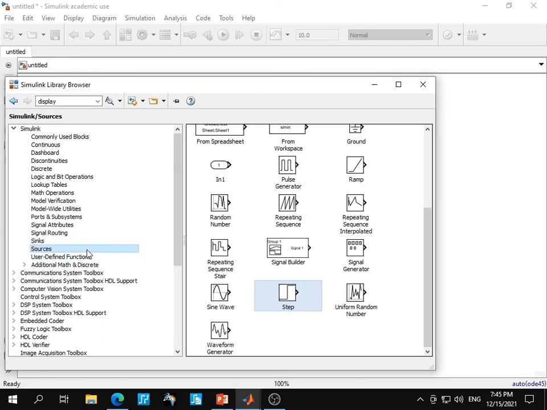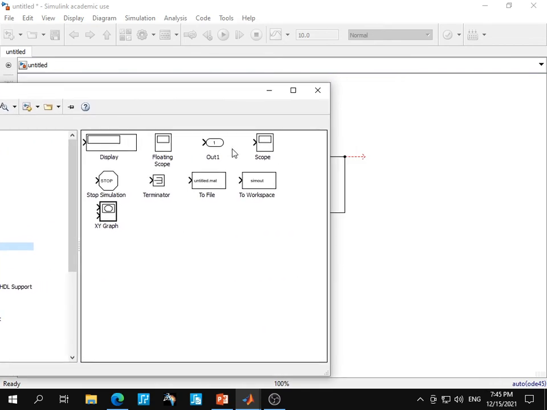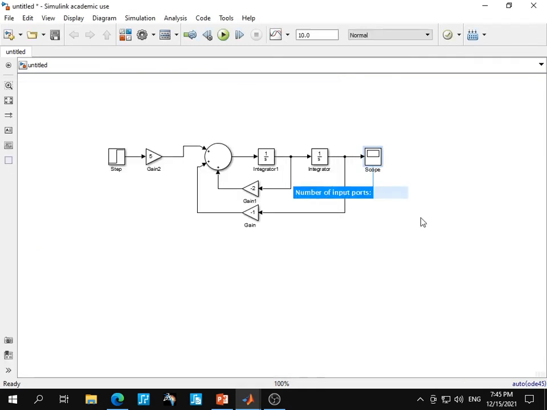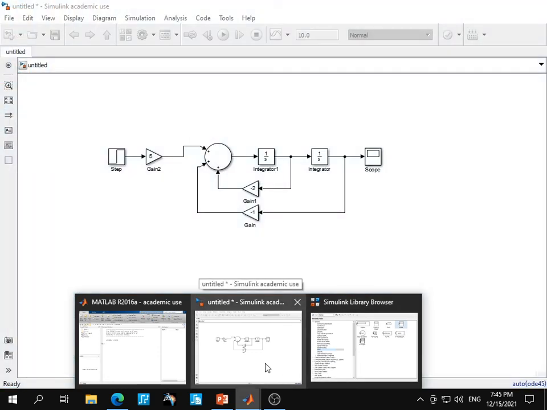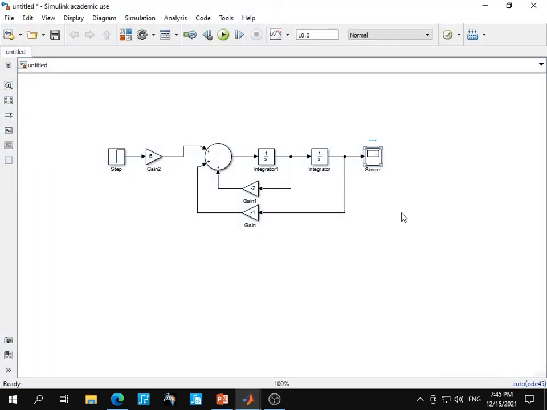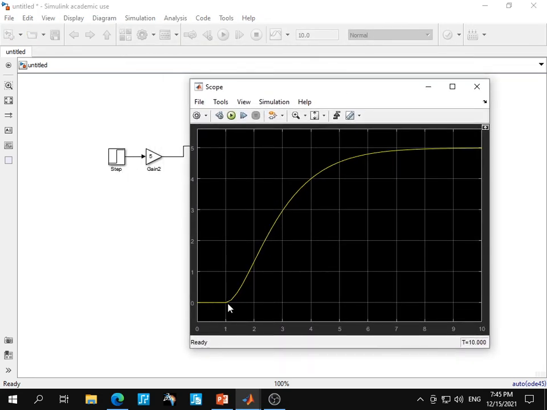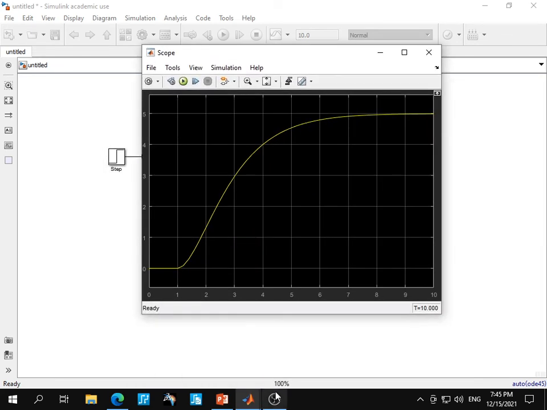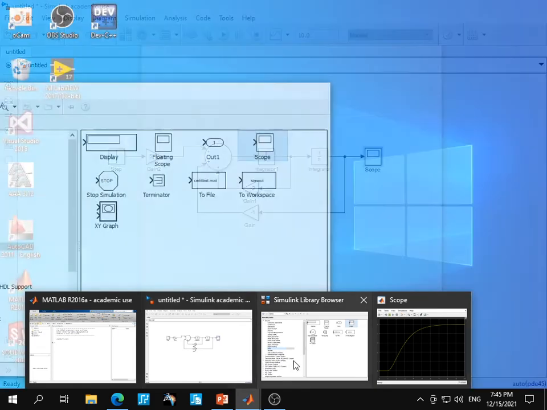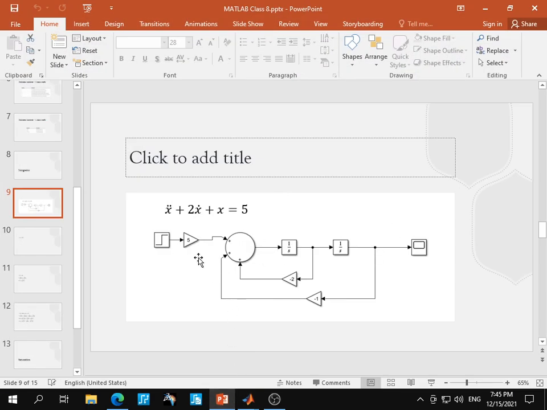And you can look at it via scope to actually see how it responded to time. This is how you create an ODE in Simulink.